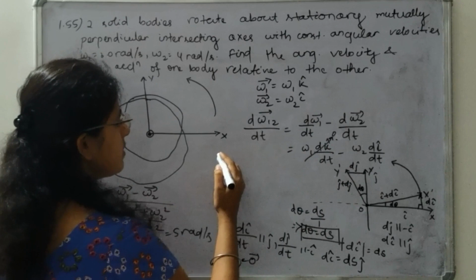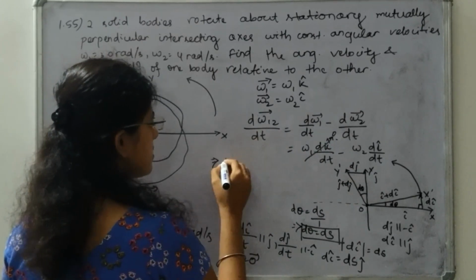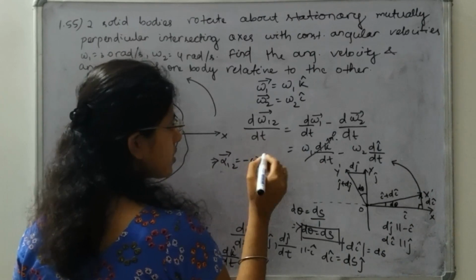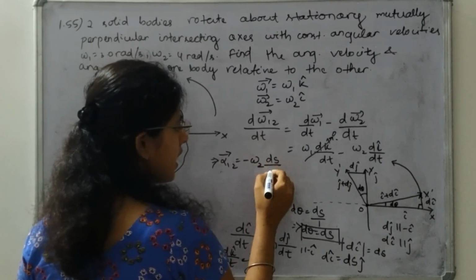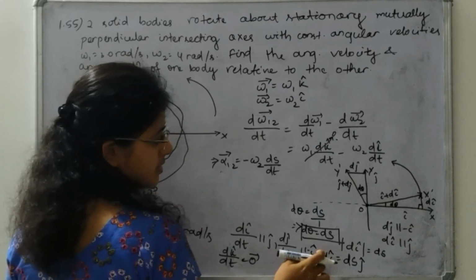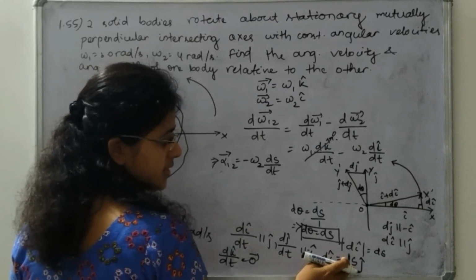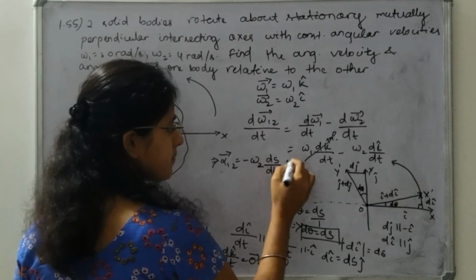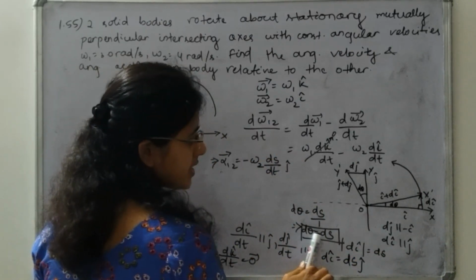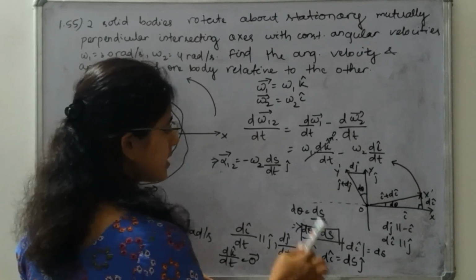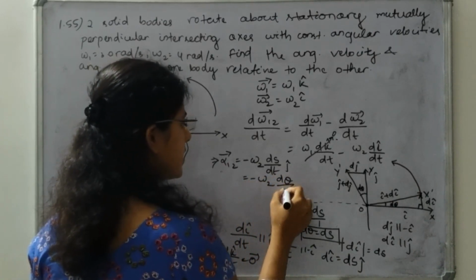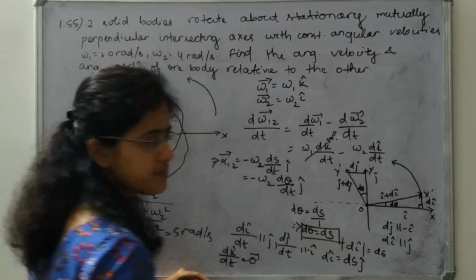Put this here. That is, alpha 12 vector is equal to minus omega 2 into di cap divided by dt, which is ds by dt into j cap. From this we also derive d theta is equal to ds, so it means minus omega 2 d theta divided by dt into j cap.